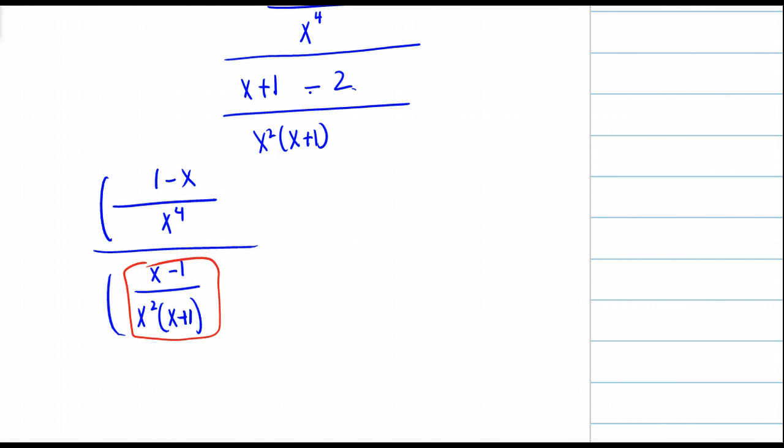So what do you think? Do I just leave it and pretend like I know what I'm doing? No, we multiply by the reciprocal instead.